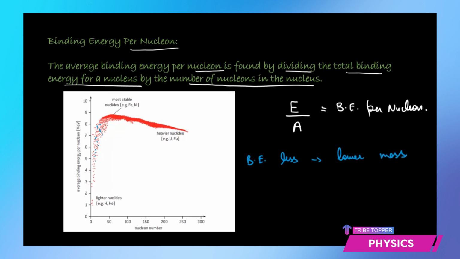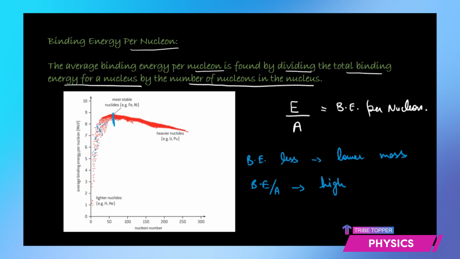As you go towards heavier nuclei, that is generally iron and nickel, you find the binding energy per nucleon is high. Rather, this is the maximum, which corresponds to iron and nickel. So the binding energy for heavier nuclei is higher.